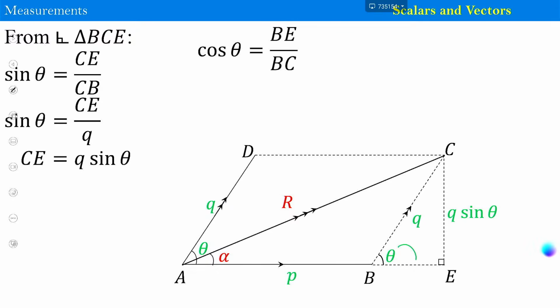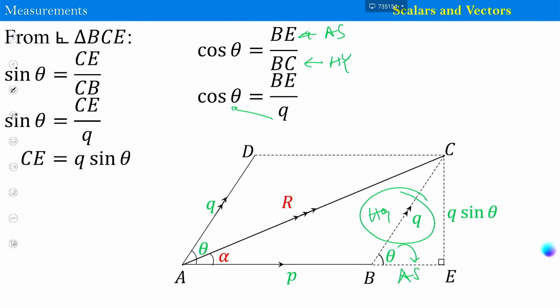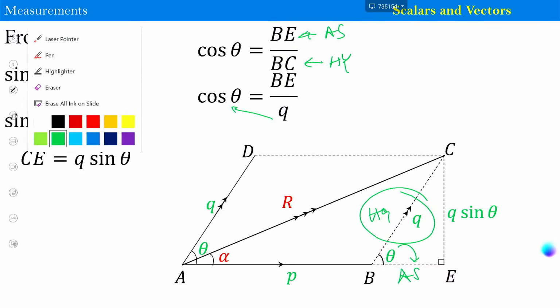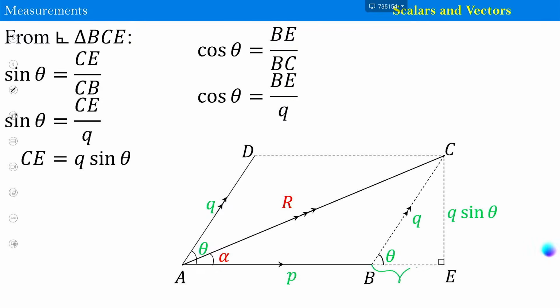Cos theta is the adjacent side over the hypotenuse. So this is the adjacent side and this is the hypotenuse. The hypotenuse is Q again, so we can do the cross multiplication and say this BE side is Q cos theta.